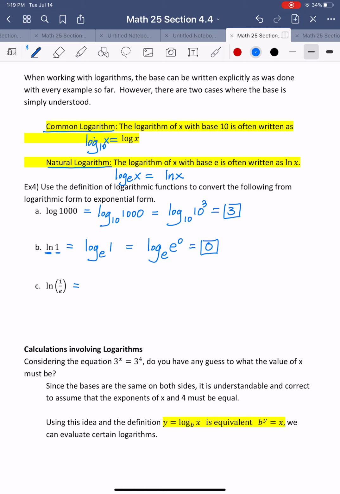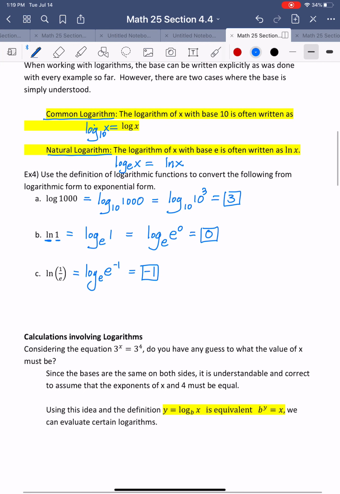Same here too. It's going to be the log base e, and then this 1 over e is the same as e to the negative 1. And then it is equal to negative 1. So always put the exponents, but make sure that you match the base. Match these numbers, okay? Once you do that, the answer is always equal to the exponent.